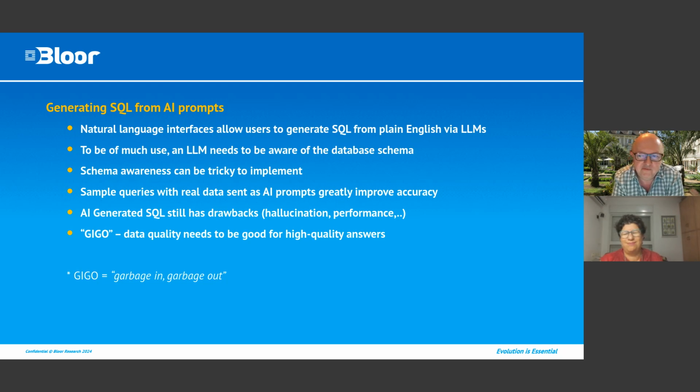So I'm reasonably familiar with databases, and obviously one of the things that generative AI promises is the ability to generate not just answers in English or indeed Spanish or French or another language, but to generate answers in programming languages.